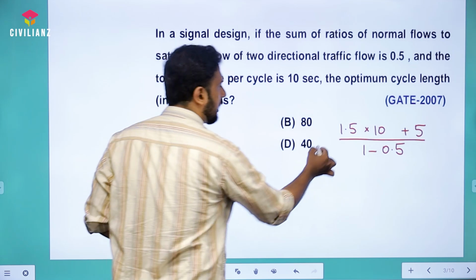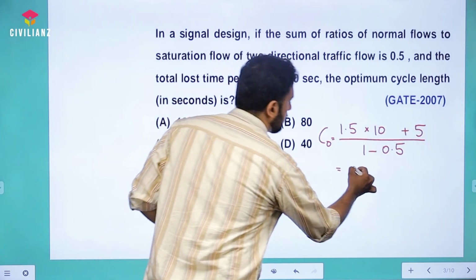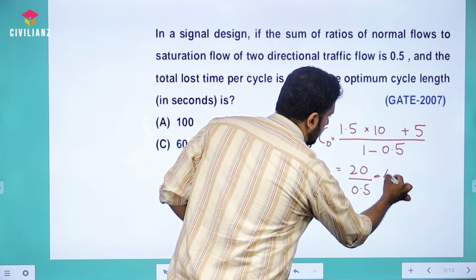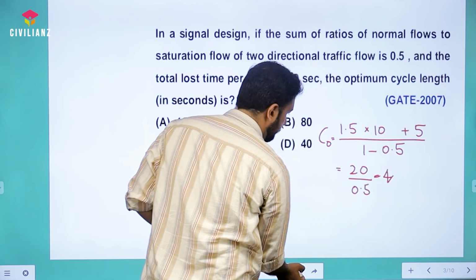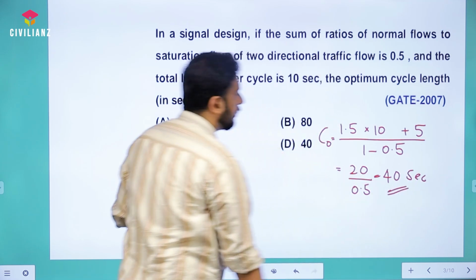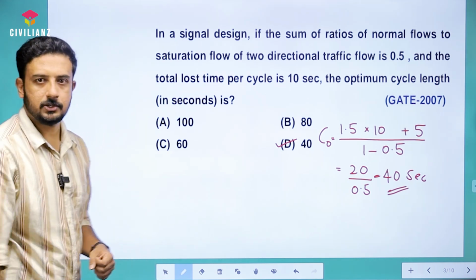This is nothing but our optimum cycle time. How much will it be? 15 plus 5, 20. 20 divided by 0.5. Very simple question: 40 seconds. Got it? So which option is right? Option D will be the correct answer.